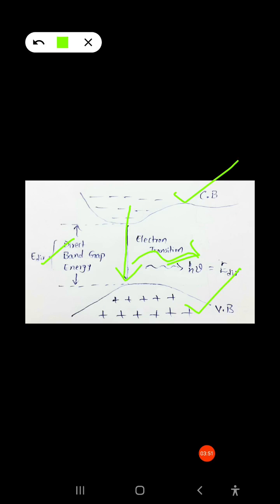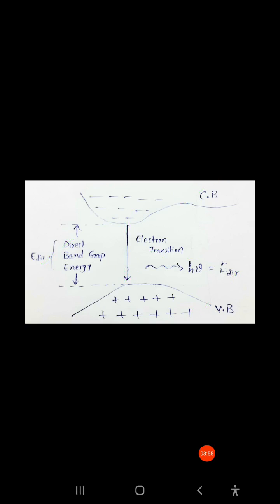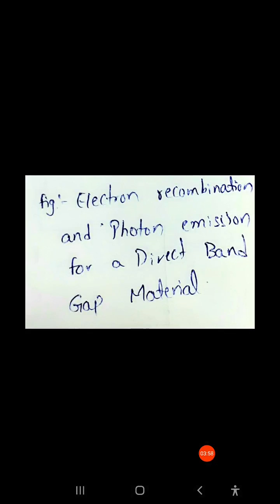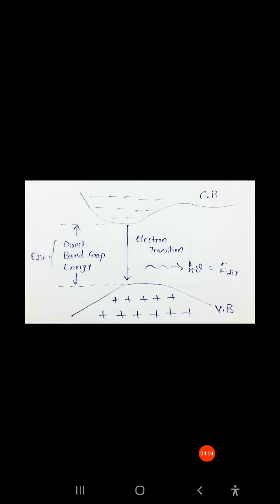Hence this diode is called a light emitting diode. This figure shows the electron recombination and photon emission for a direct band gap material. Mostly for these light sources we use direct band gap materials.